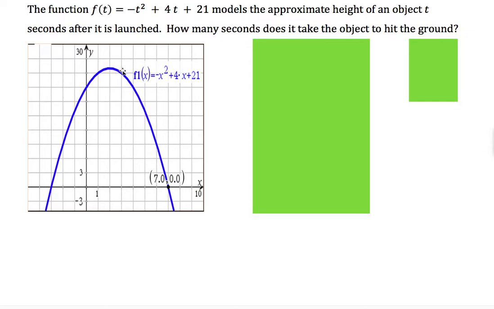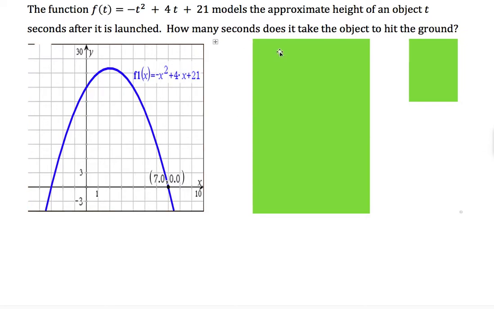They throw something out, and then it goes up and gets to the maximum, and then it's going to start falling, and then it hits the x-axis or the ground when your x value is 7. In this case, the x-axis represents your time in seconds. So the y-axis represents the height, and the x-axis represents the time. So it would take 7 seconds to hit the ground.